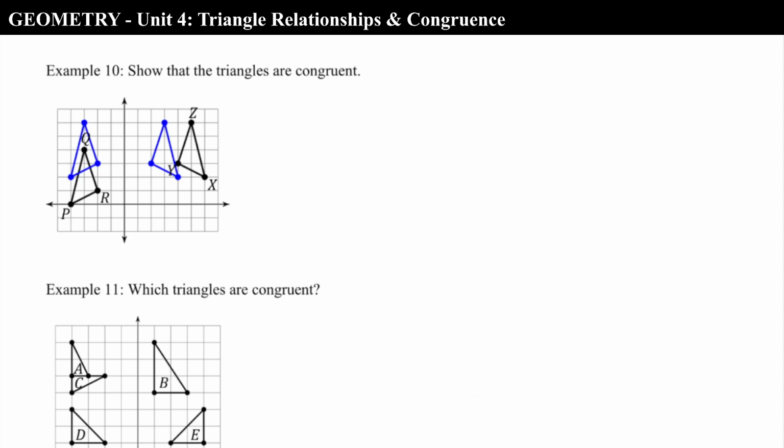In example 10, we are going to show that the triangles are congruent, and here we have a little bit of help. The intermediate steps are drawn for you already here. So what we have here is, we know that they are congruent because it preserves the shape. So we have a translation up by 2 units.